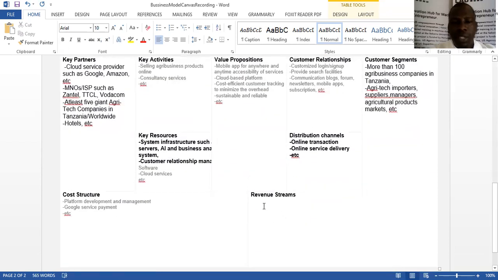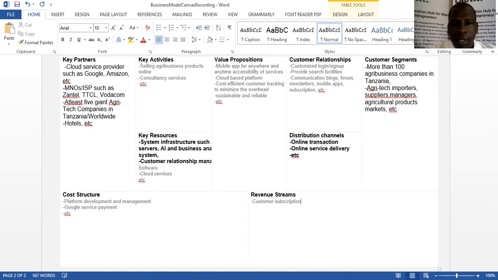Then later we see the revenue stream. What are the things that will bring money into your business? For one, because this is online, you could say through customer subscription.